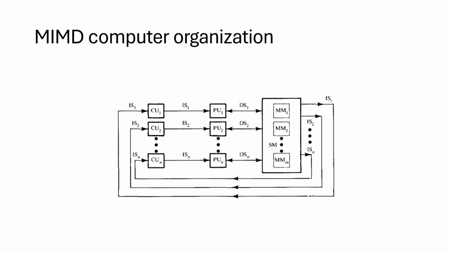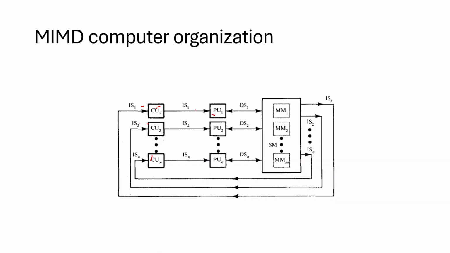The next one is multiple instruction, multiple data stream organization. Here we have multiple instructions, so to decode them we should have multiple control units. Control unit 1 is processing instruction 1, this is instruction 2, and so on. To execute each instruction we need different processing units.